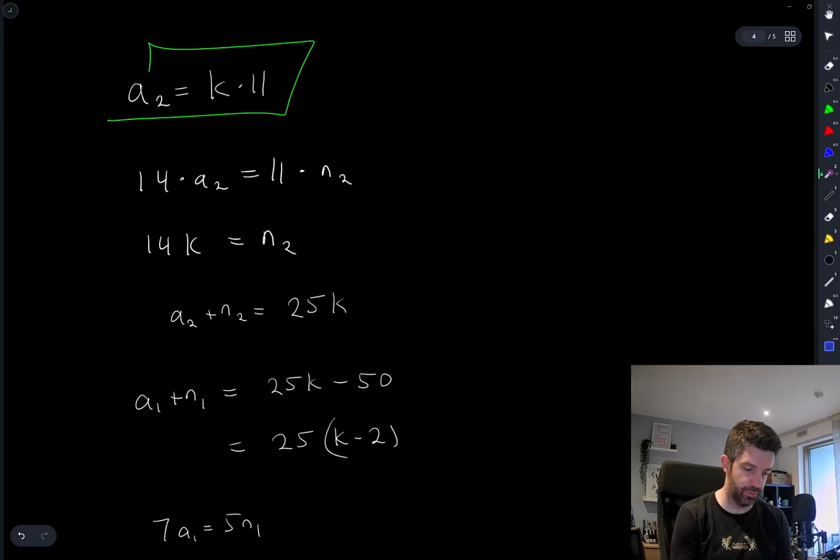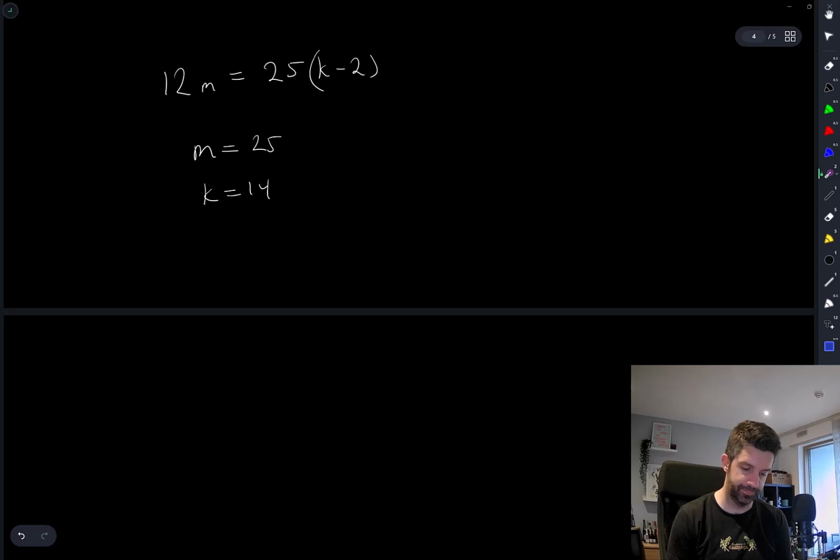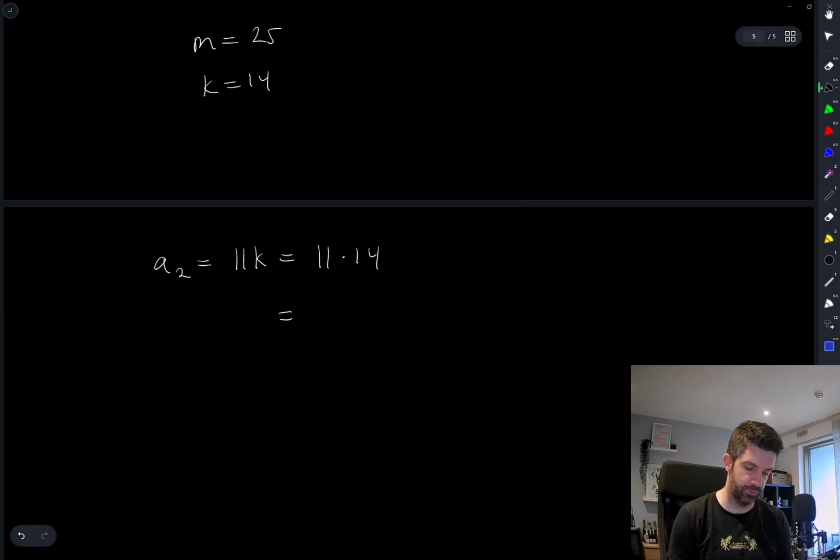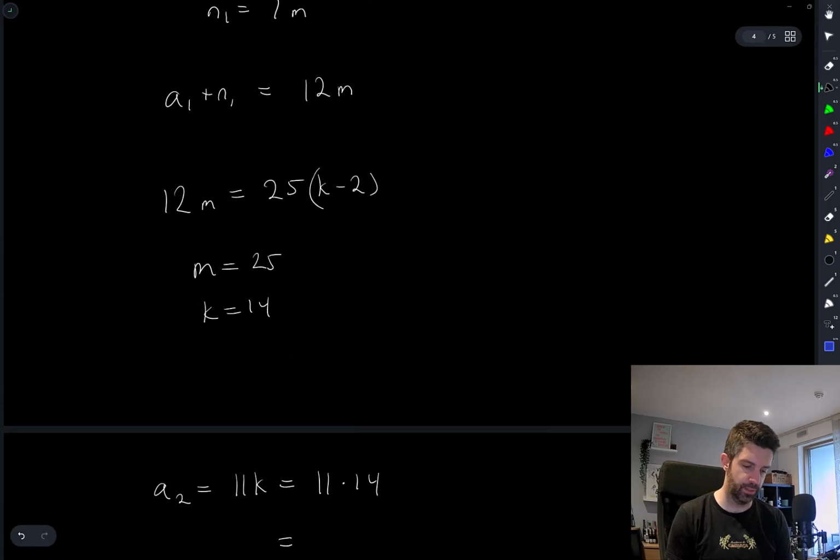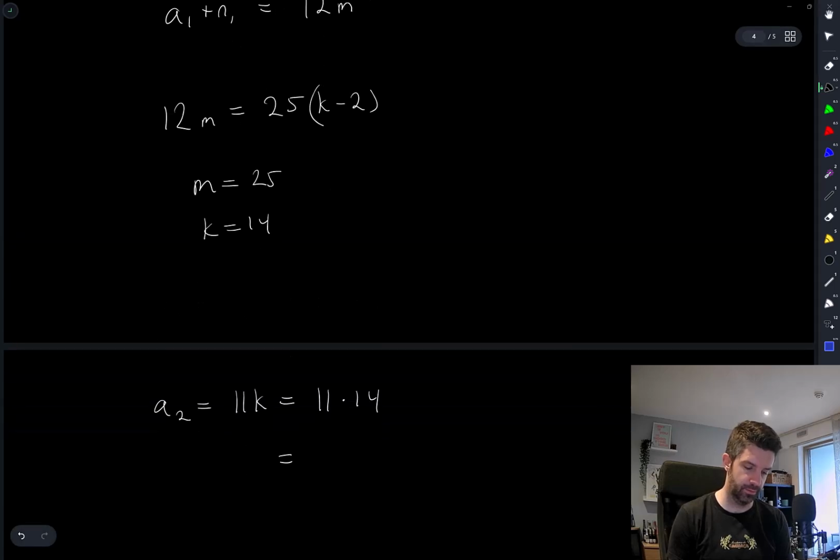So A2 is k times 11, times 14, which is, wait, did I not try this before?